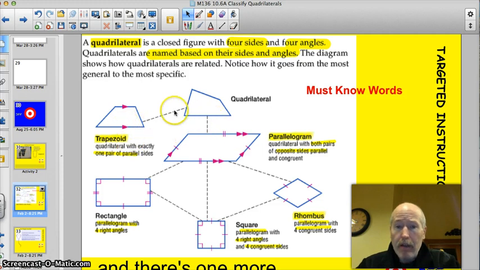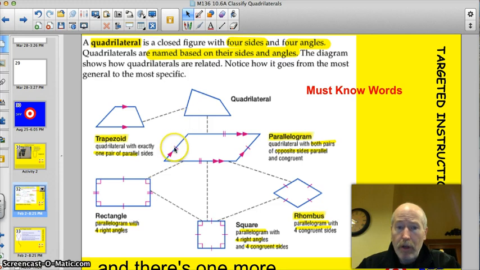All right. Then we get into a large group called parallelograms. Now, a parallelogram has two pairs of congruent and parallel sides. Notice the little arrow here, and an arrow, showing that these two are parallel, and then this little tick and this little tick show that they're the same length.